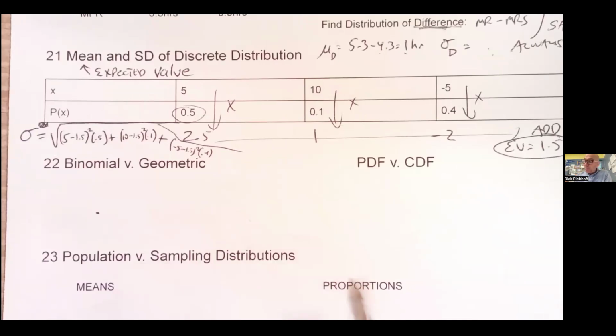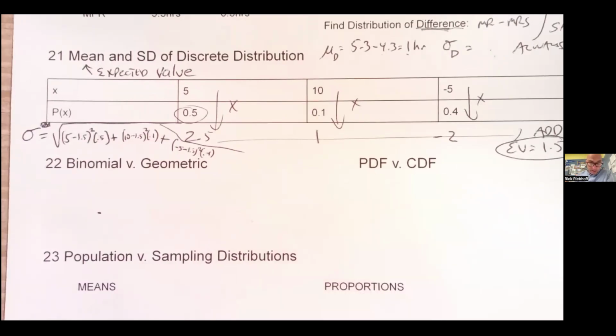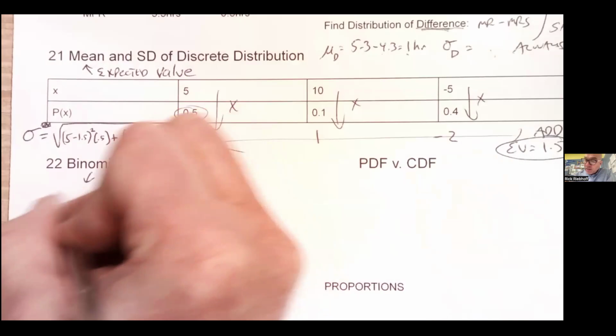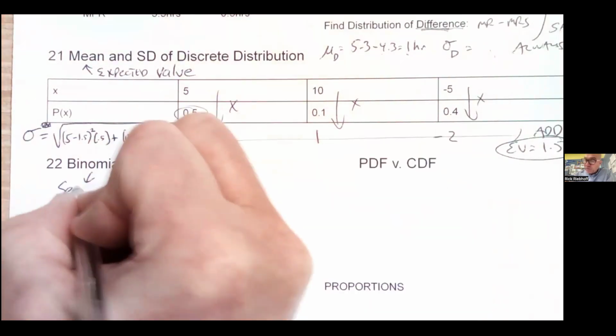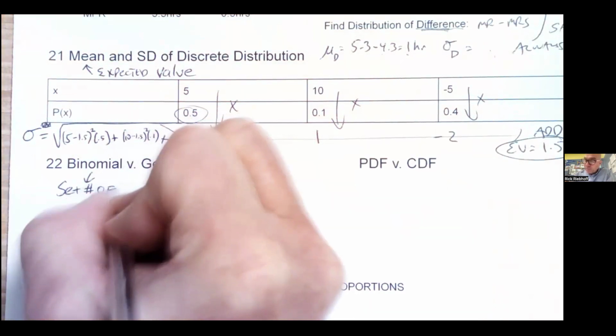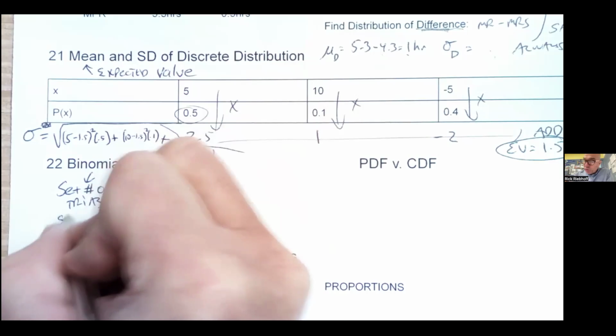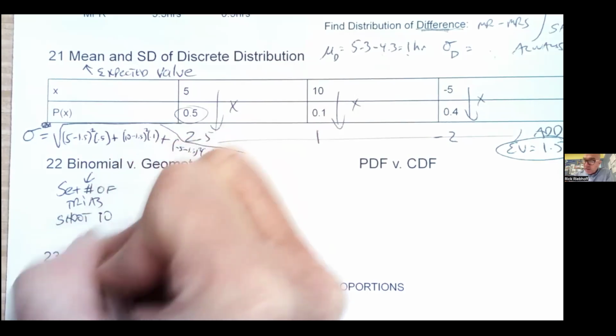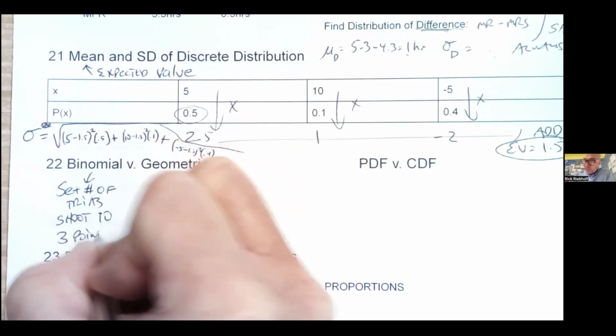Binomial versus geometric, PDF versus CDF. Binomial is a set number of trials: shoot 10 3-pointers.